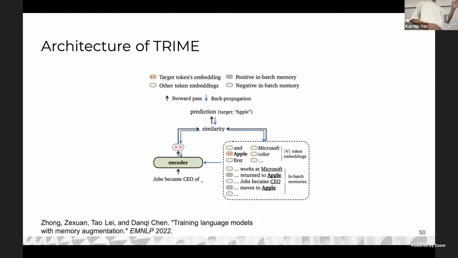So based on the third batching paradigm, when they encode a context, such as 'the jobs become CEO of', the next token representation can be retrieved not only from the entire token embeddings, but also from in-batch memories. And here comes the answer.